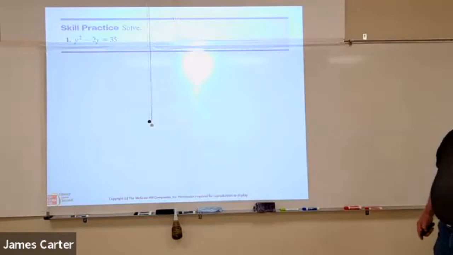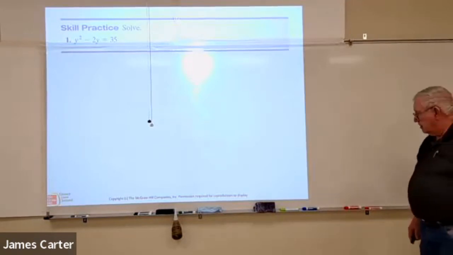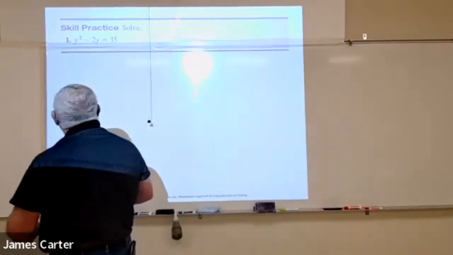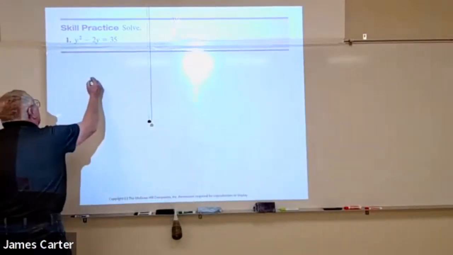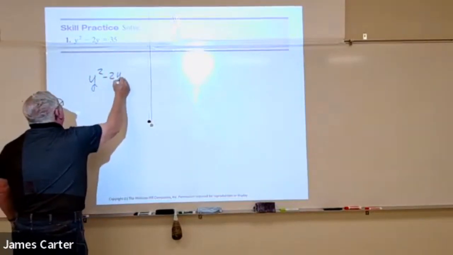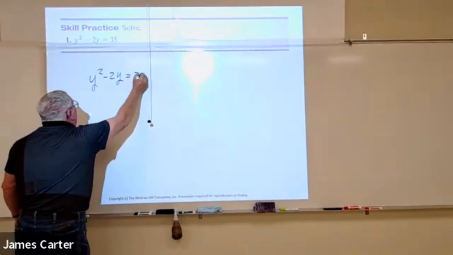All right, what about this one? They're not going to work this one for us. So I guess if it's going to get worked, I'm going to have to do it. Well, let's see. y squared minus 2y equals 35.